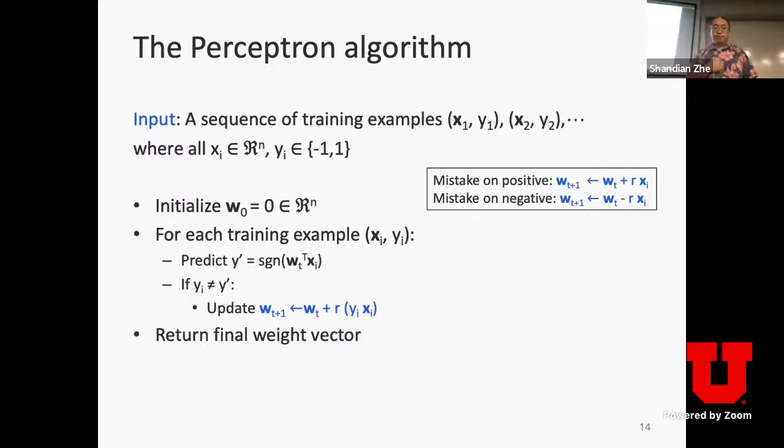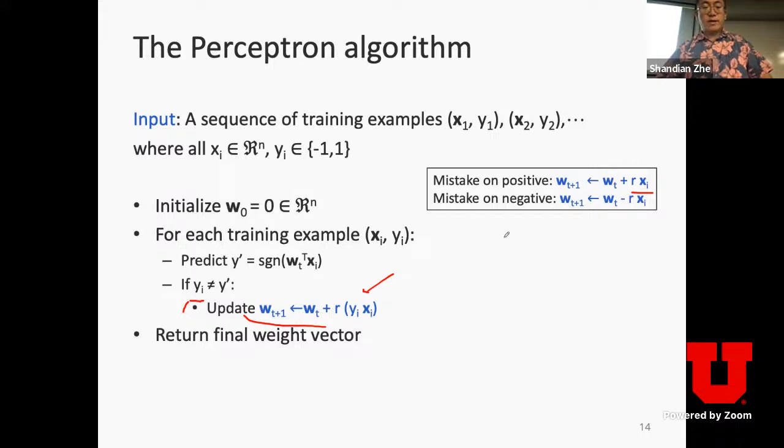So now let us figure out why doing this is good. What's the rationale of performing an update like this? To explain why this updating rule is reasonable, let us consider two cases. First, if your example is a positive example, meaning that your yi is 1, then your update is here.